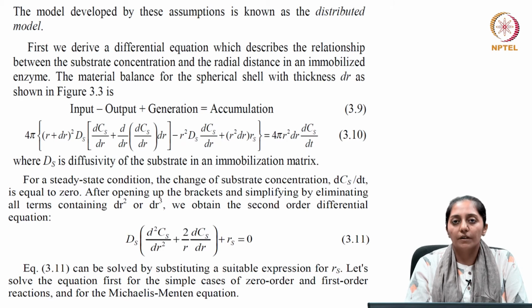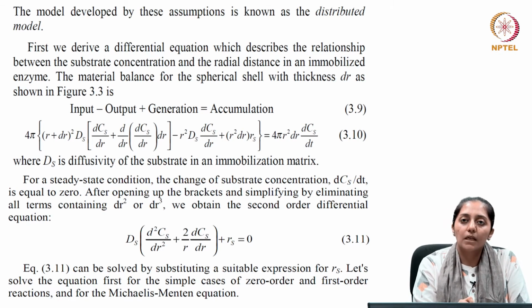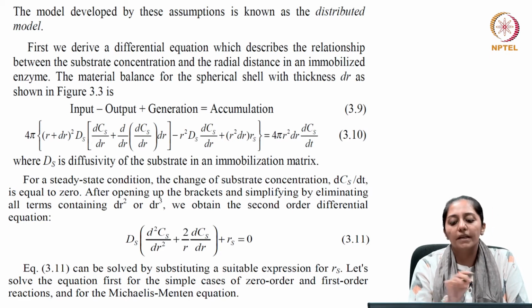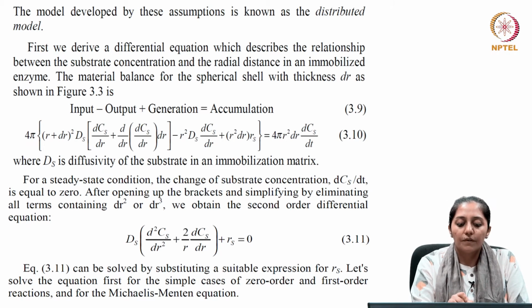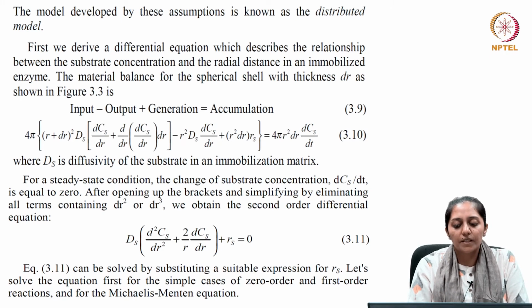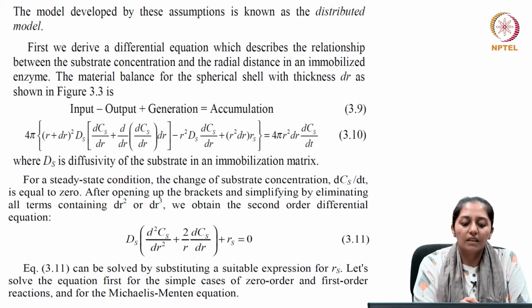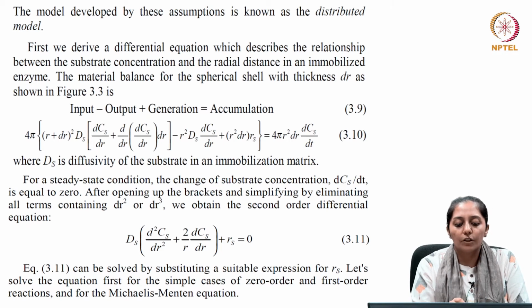If you use the continuity equation, which means doing the material balance, then input minus output plus generation or consumption will be equal to accumulation. In case of consumption, this will become minus. Because it is a substrate, there would be consumption and not generation. If you see the rate of input and the rate of output, we know that it is following the diffusion process, so Fick's law of diffusion has been used.